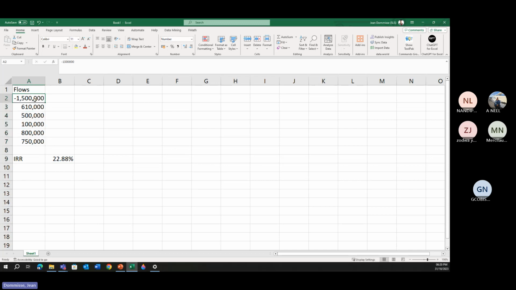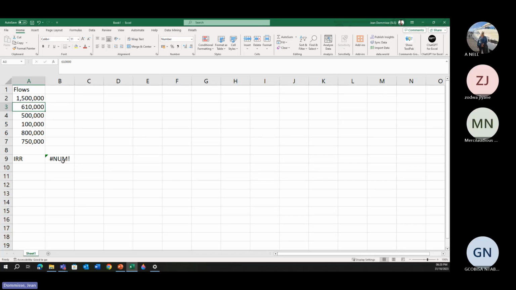The reason for the negative is, remember, that's what you put in, and then these are the money that you get out. If you did not make that negative, or if you make it positive, it will automatically tell you that, so it won't even work out an answer for you. It will tell you that there's something wrong, because it will always need to see that first investment as a negative number.